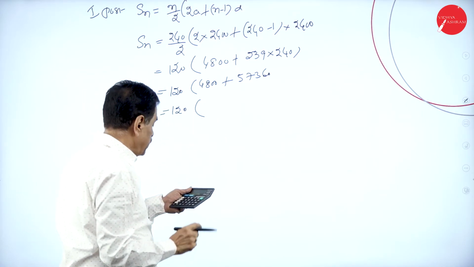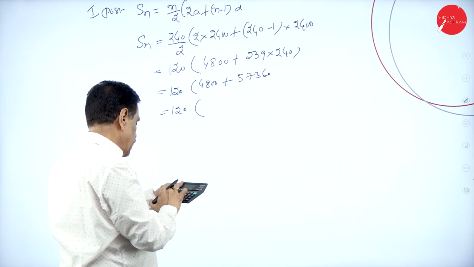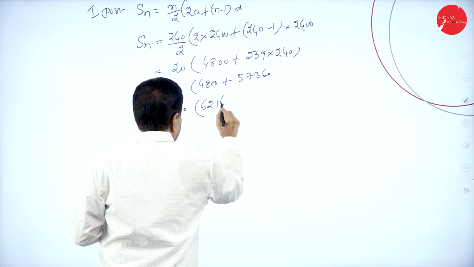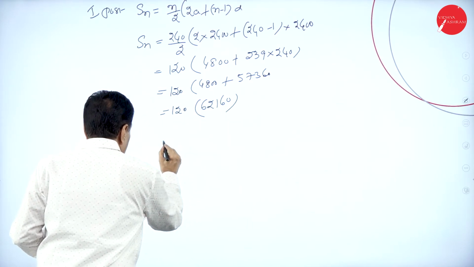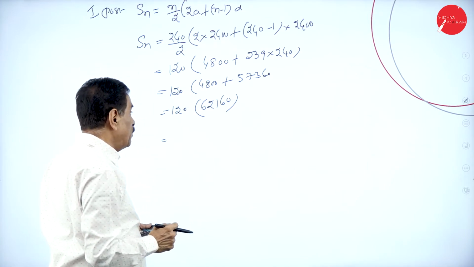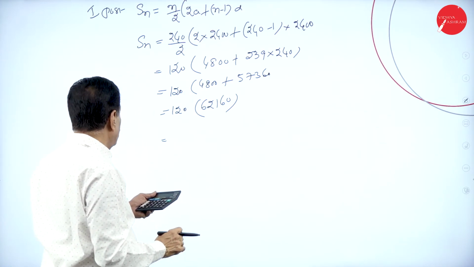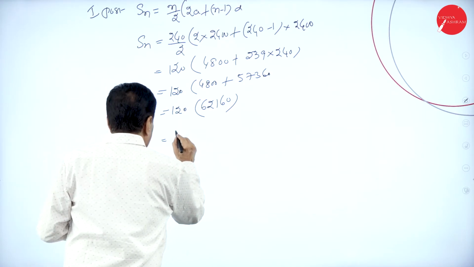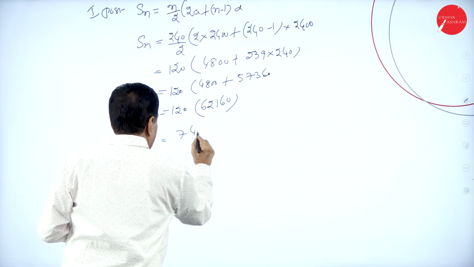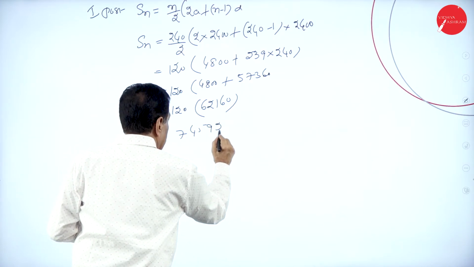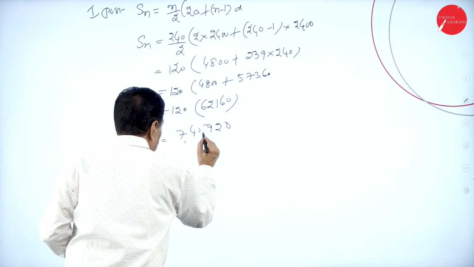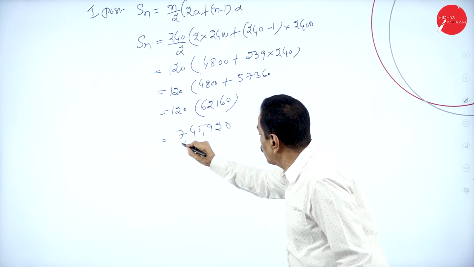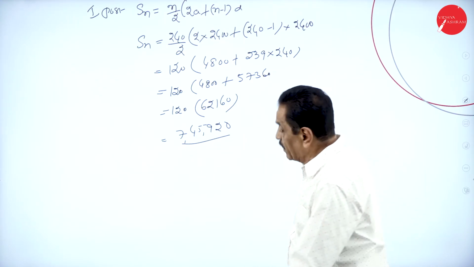So 57,360 plus 4,800 is 62,160, multiplied by 120. 62,160 into 12, followed by 0, is 7,45,920 followed by 0. 7,45,920 in the first post.